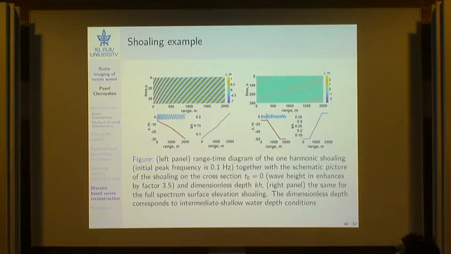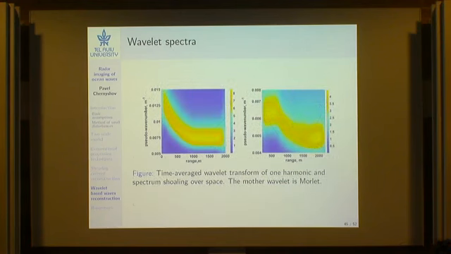The spectrum behaves a little bit differently. Okay, I don't have much time to go into that much detail. But you see the kh, the dimensionless depth, says that we are already in shallow water, or here we start from intermediate water. These are the nice pictures of the wavelet spectrum.